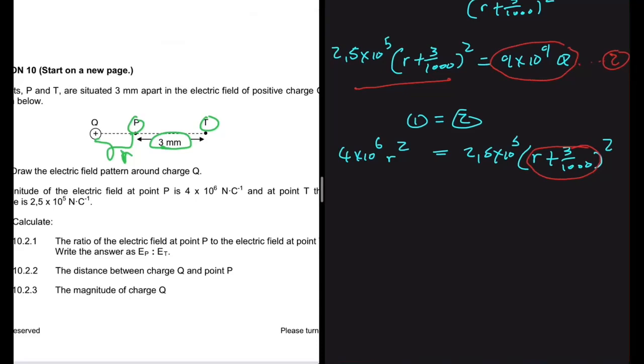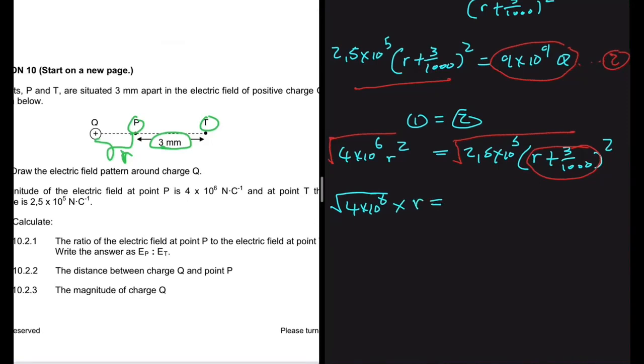So we're going to take the square root on the left hand side, and we're also going to take the square root on the right hand side. If we do that, we're going to get the square root of 4 times 10 to the power of 6 multiplied by, instead of r squared, now we just have r, right?